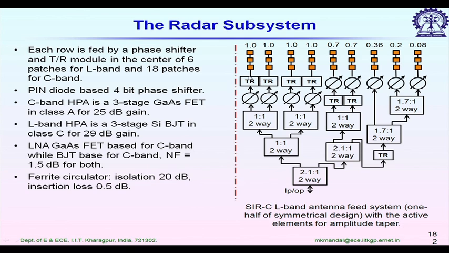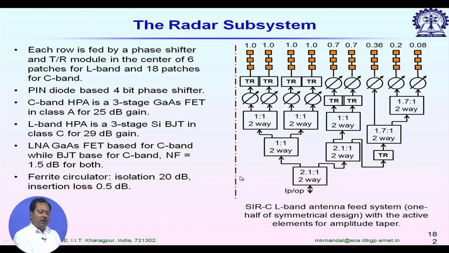Inside the TR module we have an isolator, one passive component, and also a bandpass filter, again a passive component, and just before it we have a pin diode based 4-bit phase shifter. This is for scanning purposes, and you can see there are many Wilkinson power dividers. This is a 2-way 1:1 Wilkinson power divider, and this is one more. So there are so many passive components involved in any radar architecture or any actual wireless system.